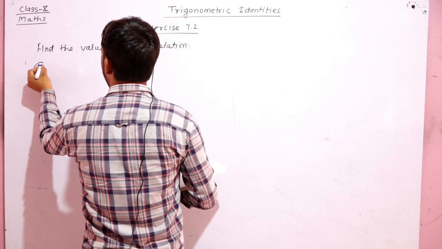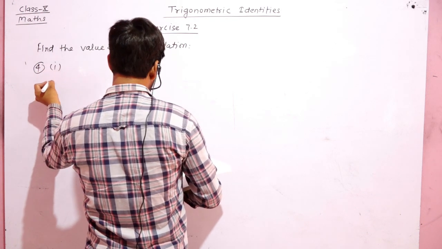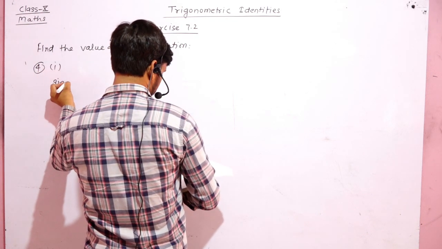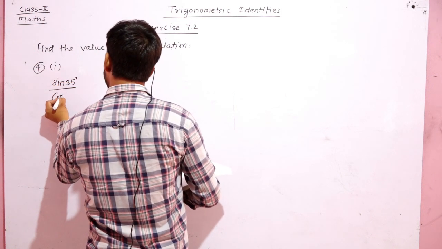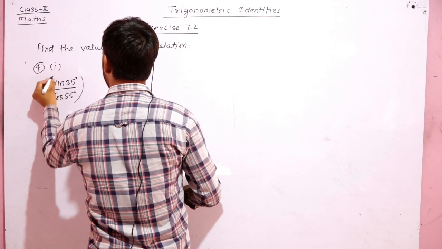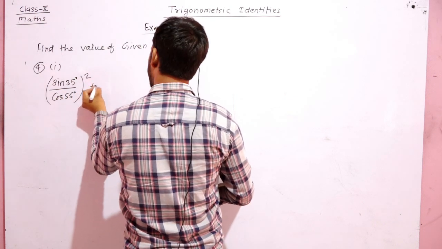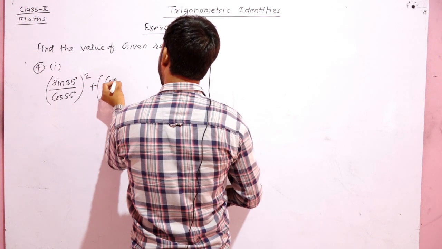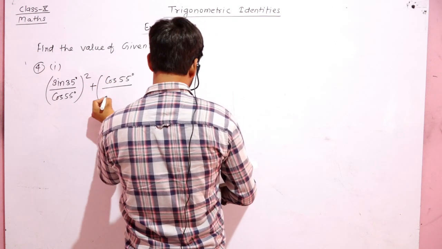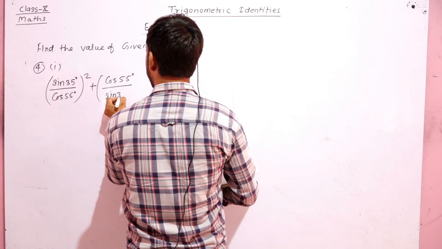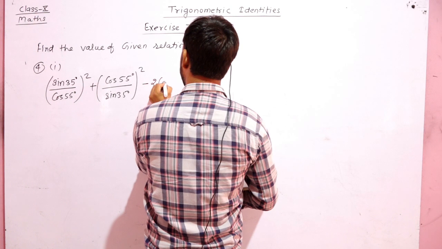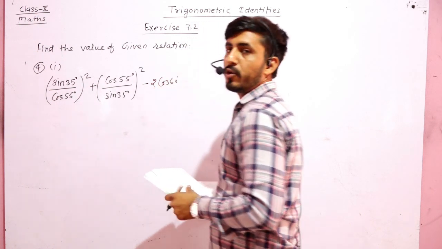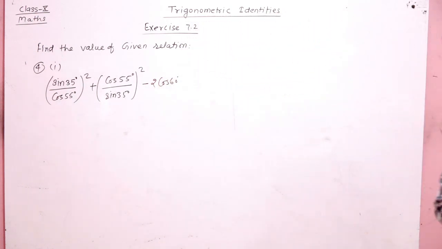That is question number 4 part 1, and it is given as (sin 35 degree divided by cos 55 degree) whole square, and in the next step we have (cos 55 degree divided by sin 35 degree) whole square also, and minus 2 cos 60. So first we have to solve the given relation so that we can calculate the desired value of this question.